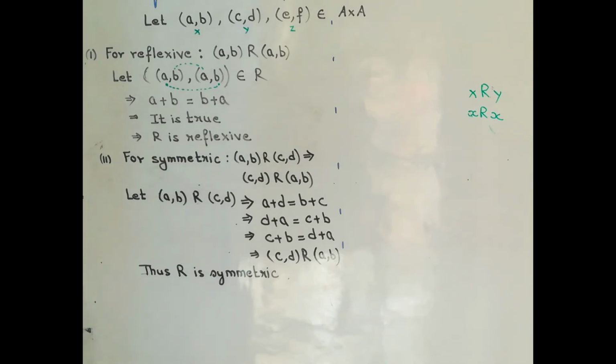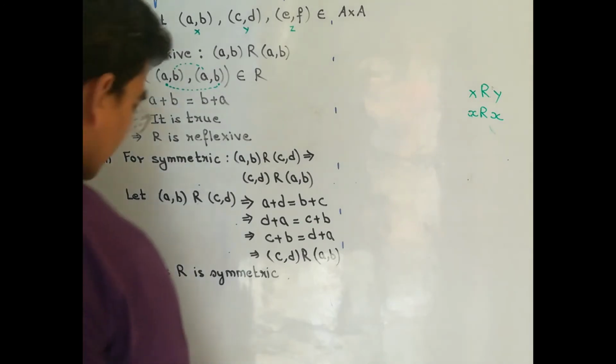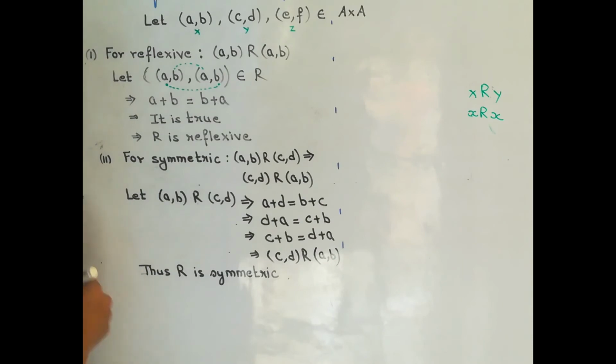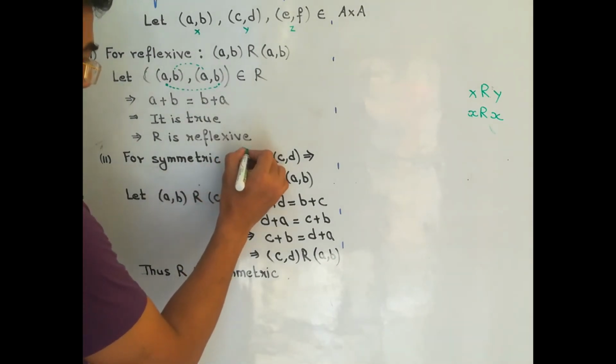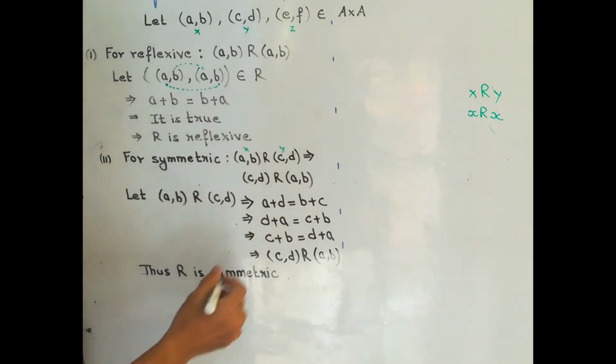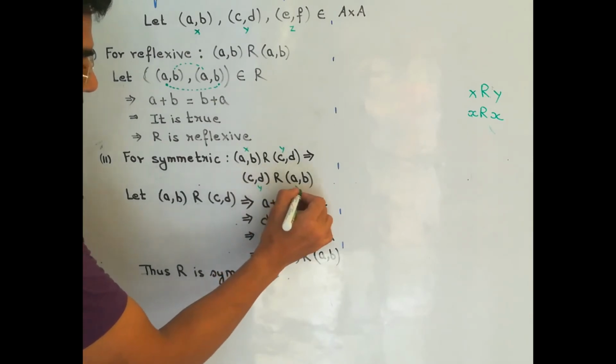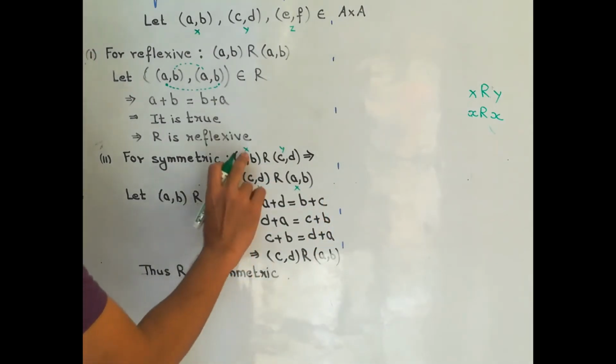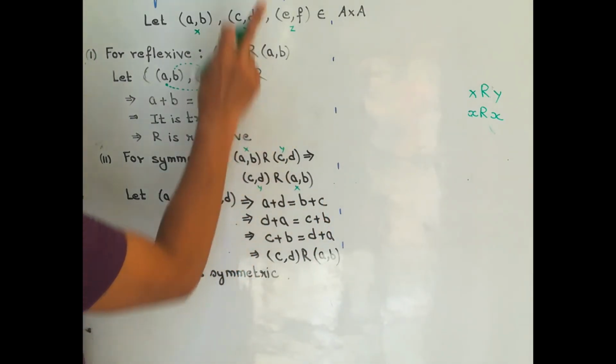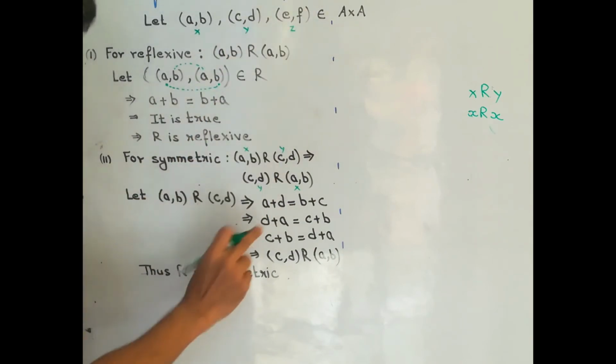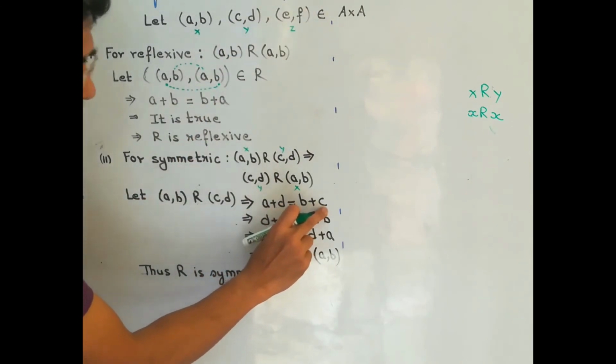It was the same thing we did here. This was your x, this is y, and we have to prove y is related to x. The relation between x and y is a plus d is equal to b plus c.